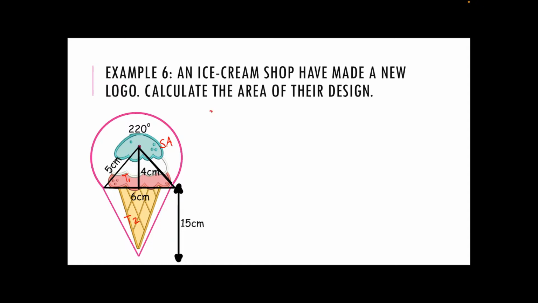So I'm going to start off with my sector area then, is pi r squared times by x out of 360. We can see there that our sector area has a radius of 5, so this is the centre of my circle going out to the edge of the circle, so my radius is going to be 5, and the angle is my major angle there, so the 220 out of 360.